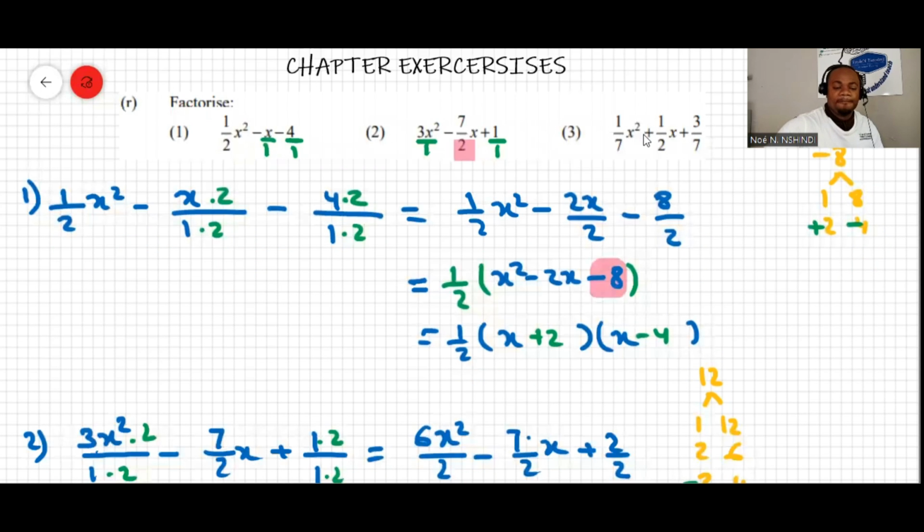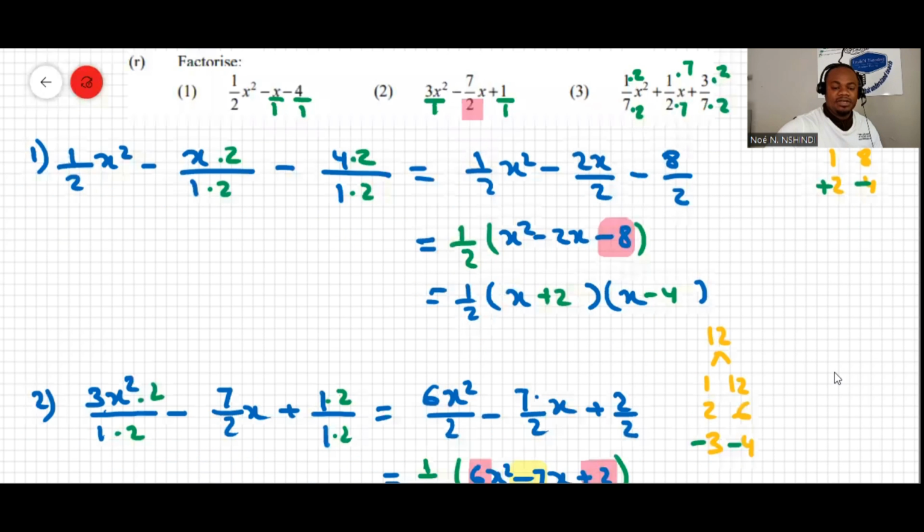This one. Here we're also going to make the denominator common. To do that, we must multiply here by 2, there also by 2. Here we multiply by 7, there by 7, and there we multiply by 2 to make the denominator common, and maintain the fraction as it was.